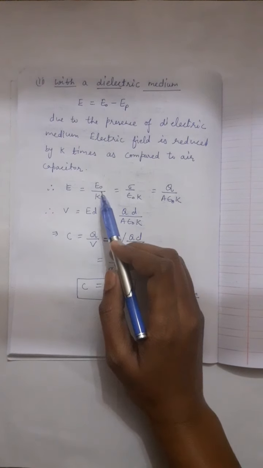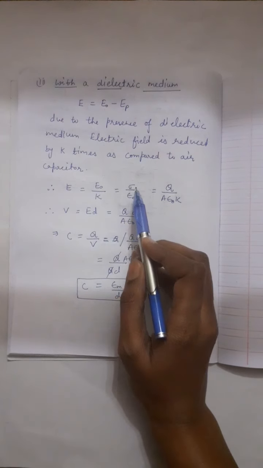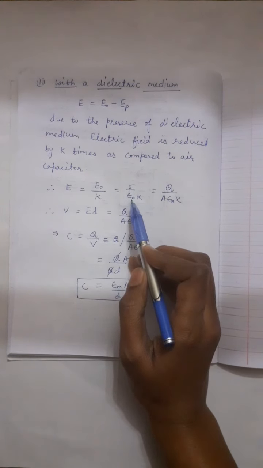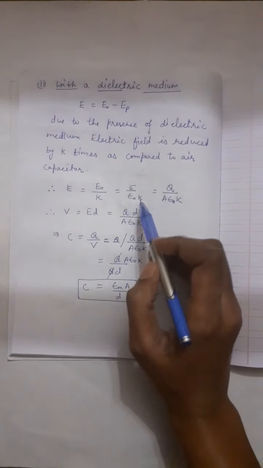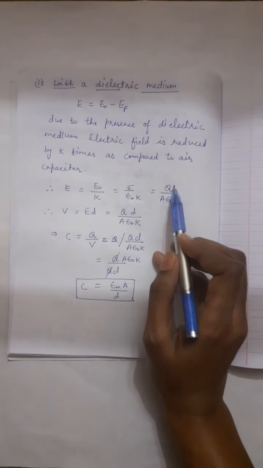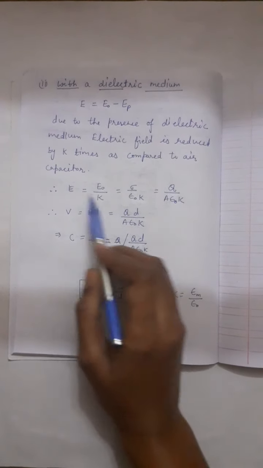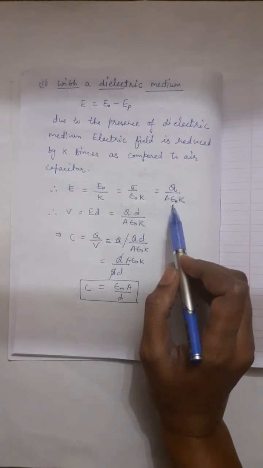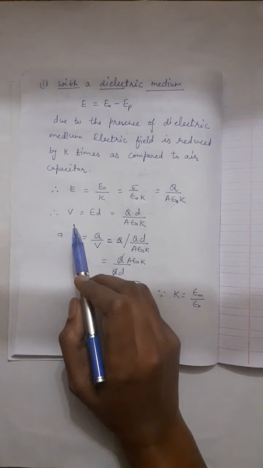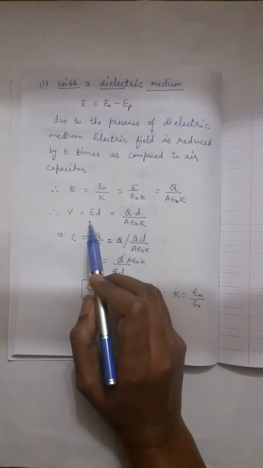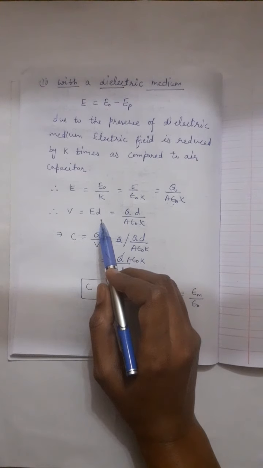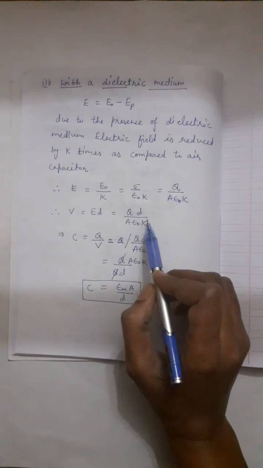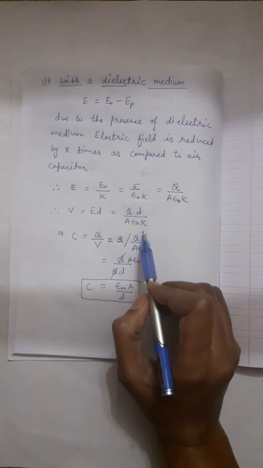So we will put the value of E naught as sigma upon epsilon naught, because this is the value of the electric field between the parallel plates, and the value of sigma is equal to Q upon A. So in this way we have calculated the electric field in the presence of the dielectric. Now we will calculate the potential of this capacitor. So this electric field will be multiplied by the distance d. So potential is equal to qd upon A epsilon naught K.